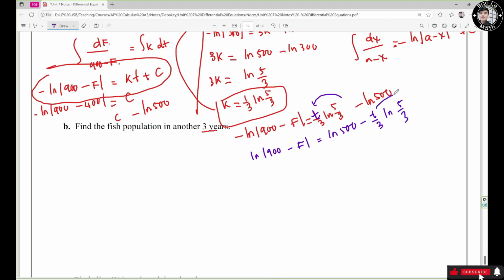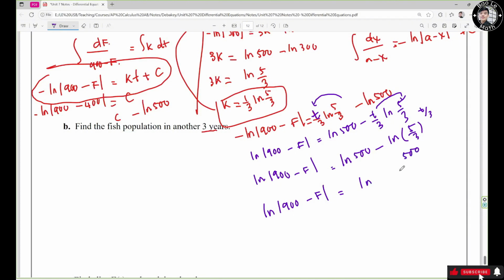Now I can bring t back over here. So this turns out to be natural log of absolute value of 900 minus f equals natural log of 500 minus natural log of 5 over 3 raised to the t over 3. Now it turns out to be natural log of absolute value of 900 minus f equals natural log of 500 divided by 5 over 3 raised to the t over 3.